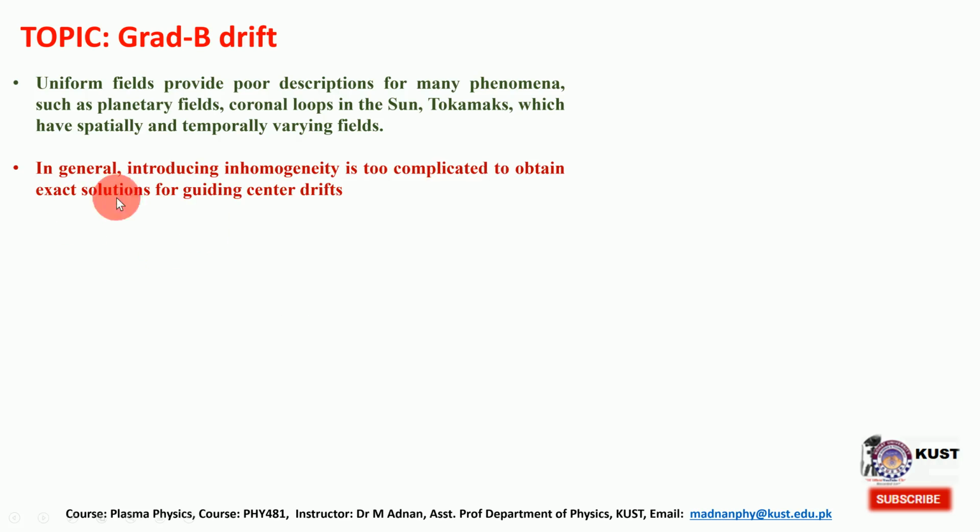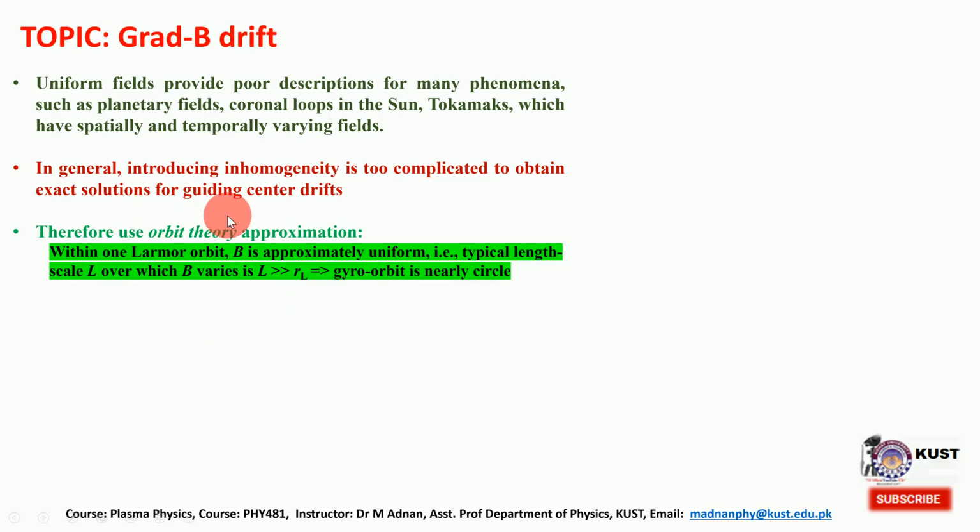So as I told you, in general, introducing inhomogeneity is too complicated to obtain the exact solution for the guiding center drift. So we'll be introducing it one by one, and we'll be trying to find the approximate solution for the trajectories instead of solving the exact solutions.